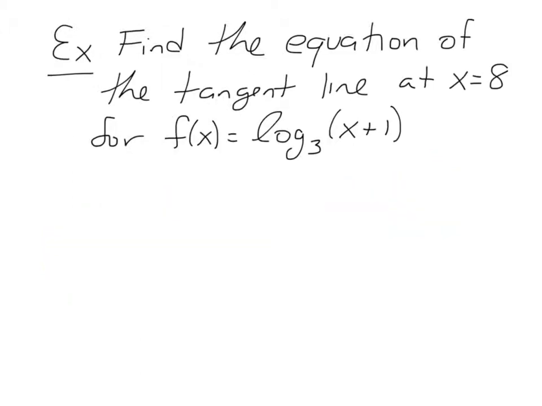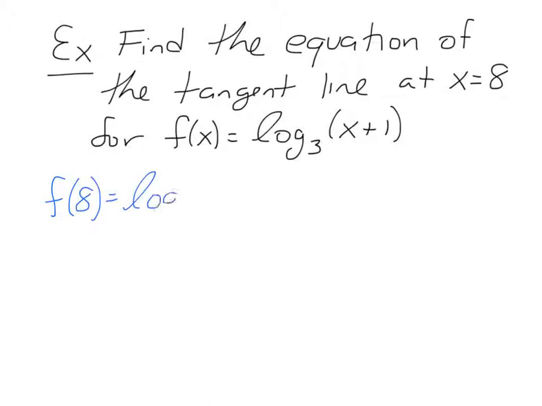All right, so one application: finding the equation of a tangent line at x equals 8 for the logarithmic function log base 3 of x plus 1. For the equation of a line, we need a point and we need a slope. So let's start with the point. We know x is 8, so to get the y value, I'm just going to plug 8 into my function.